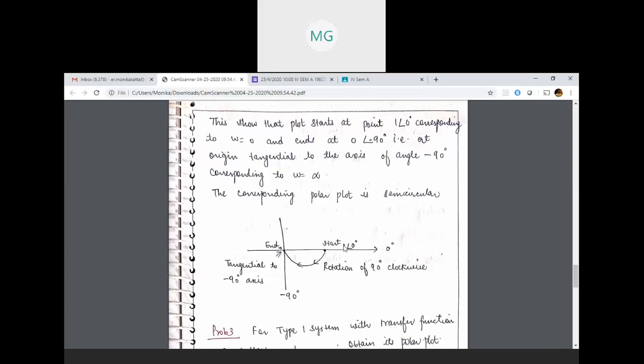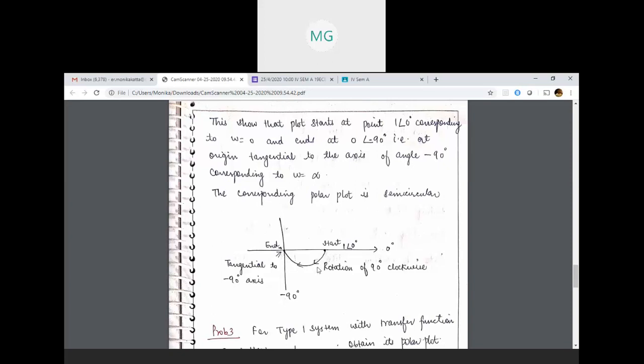Magnitude is 1, magnitude is 0 here. So from magnitude 1 at an angle of 0 degree to magnitude 0 at an angle of minus 90 degree, you will draw like this. Is that clear?